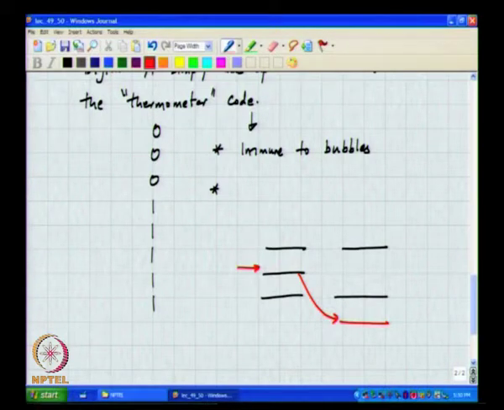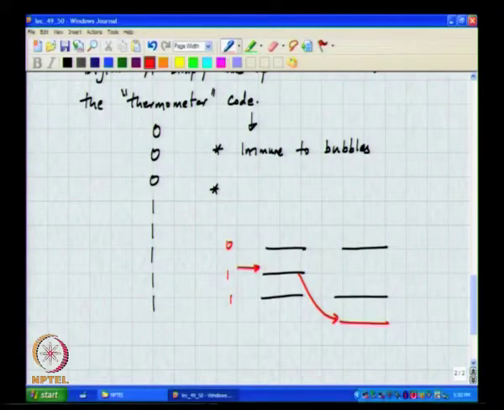What thermometer code would you get ideally? 1 1 0 is what you would get. Now what would you get? You will get 0, you will get 1, you will get 1. Now what happens if the input happens to be here? Actually I should have got 1 0 0, now I will get 1 1 0, okay.